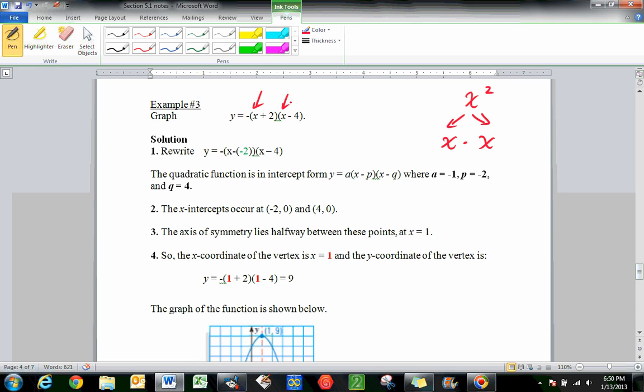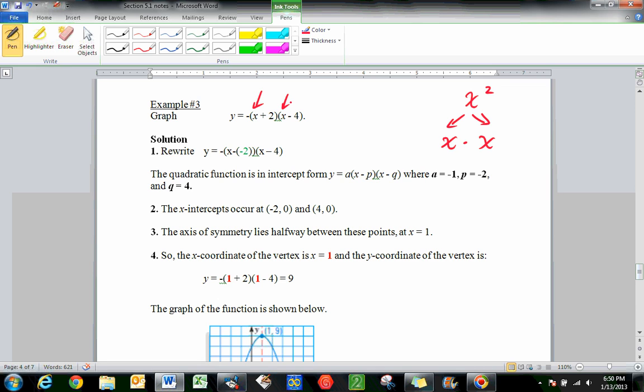Now, we don't necessarily want to FOIL this together at this point because it's actually a little bit easier to graph this in intercept form than it would be to graph it in standard form. So we're going to take it how it is and use the 2 and the 4, or the -2 and the -4, to get our x-intercept.